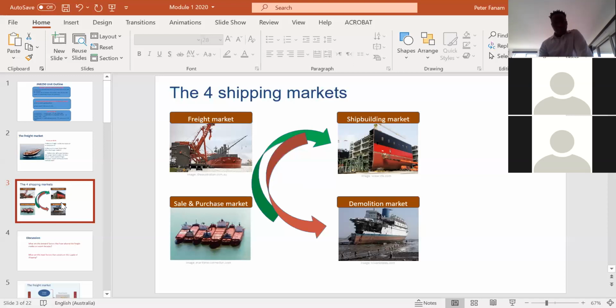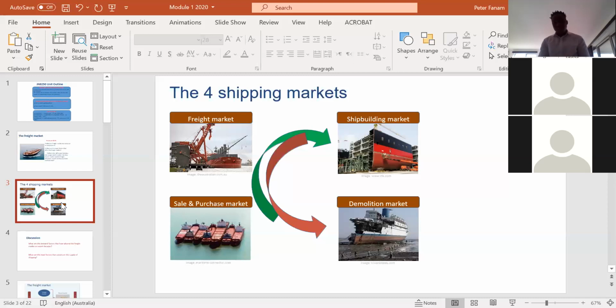And then the other market is the shipbuilding market, which we also refer to as new building. In the new building market, the money flows out of the shipping business, out of the ship owners' coffers, to a shipyard, and then the shipyard will build the vessel for the ship owners.